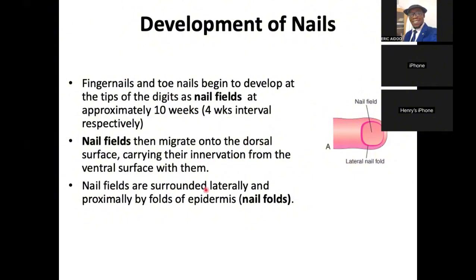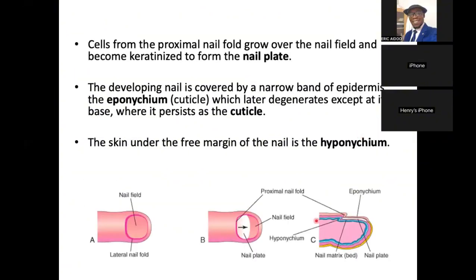Nail fields are surrounded laterally and proximally by folds of epidermis. So you can see this lateral fold, and this will also be some of the proximal folds. So that's the proximal fold we are talking about, and that is the lateral fold. This is the nail field, and that's the nail plate.